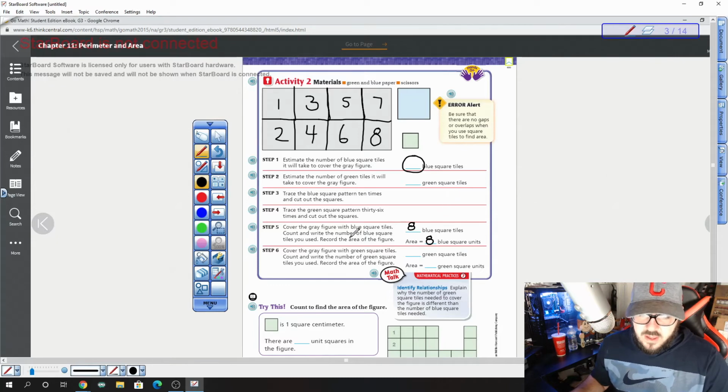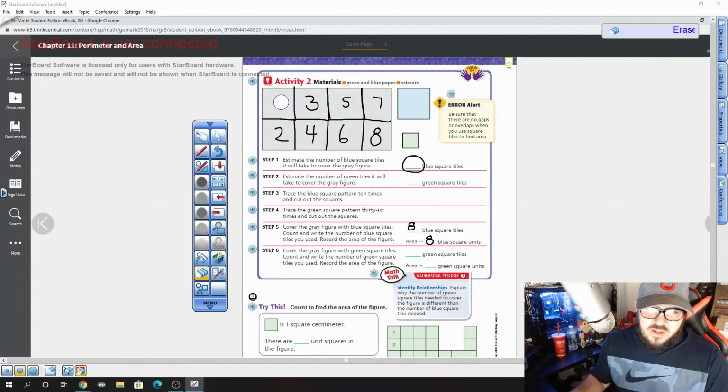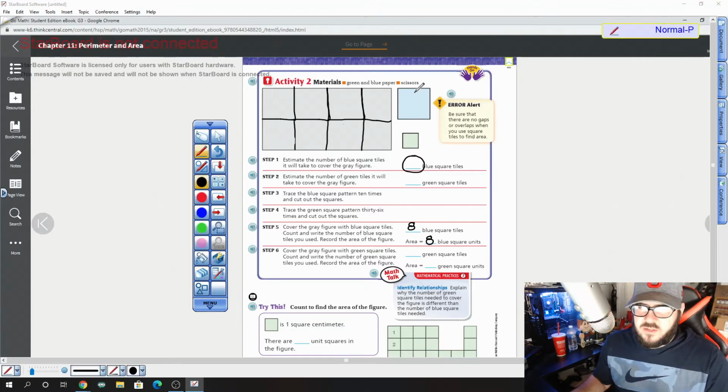Okay, so now if I cover the gray figure with green square tiles, think about what our answer is going to be. So instead of taking the time to draw all those tiny shapes, I'm going to do what I did at the beginning here, which was noticing that this shape is the same as 4 of these.